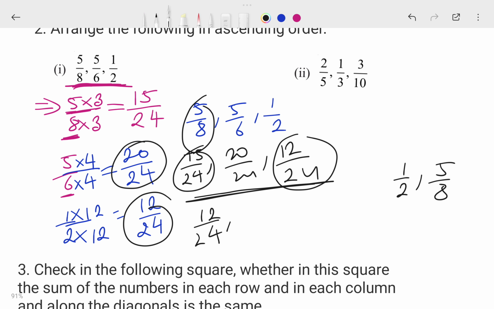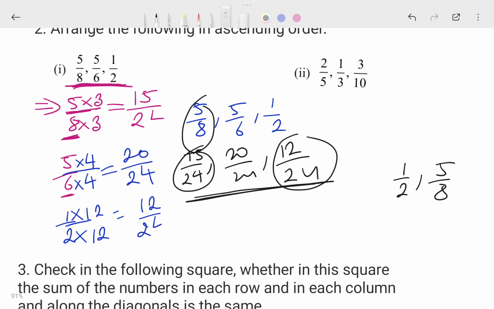Since the denominators are the same, we compare 12, 15 and 20. Which is smaller? 12 is the smallest.